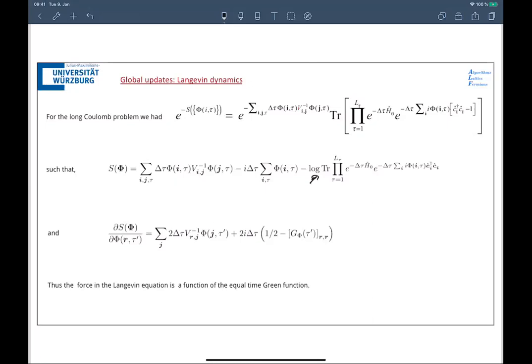Can I add a comment to this? Of course. Yes, so I was working and trying to use those global updates, both where I stay on a fixed imaginary time slice and update many fields on many sites on the same time slice, and where I was also trying to study and learn the physics hidden in the auxiliary fields and then propose global updates for many time slices.